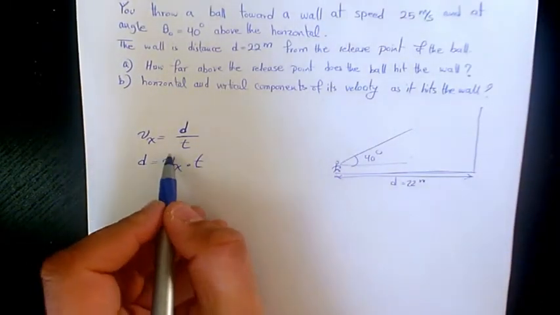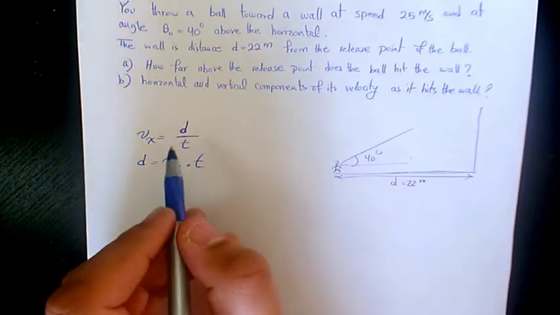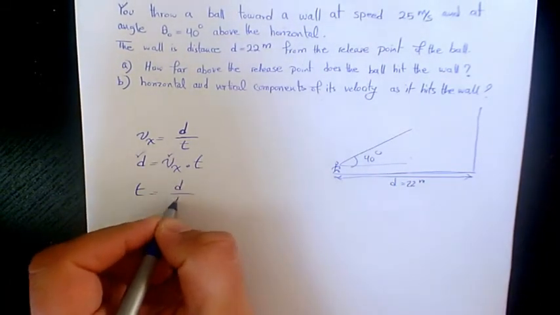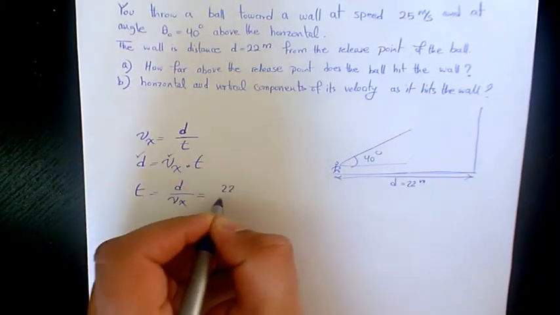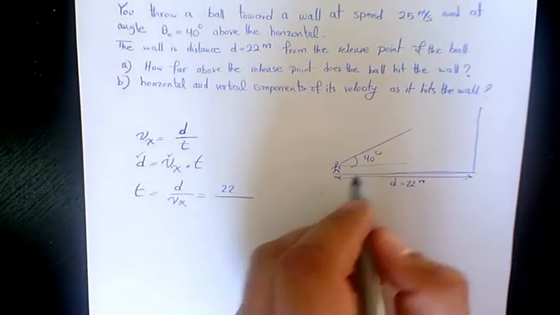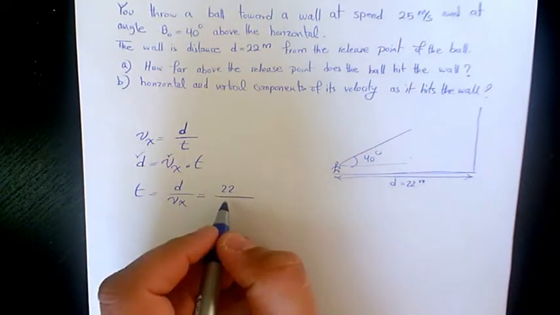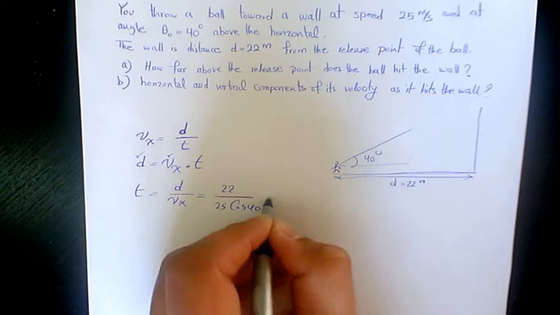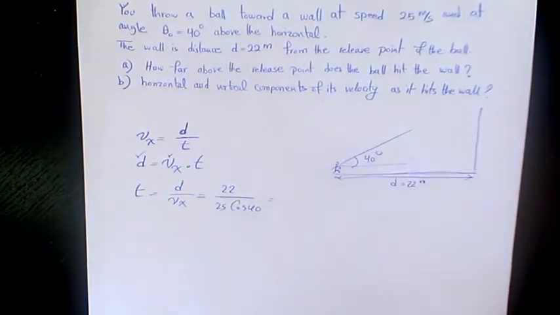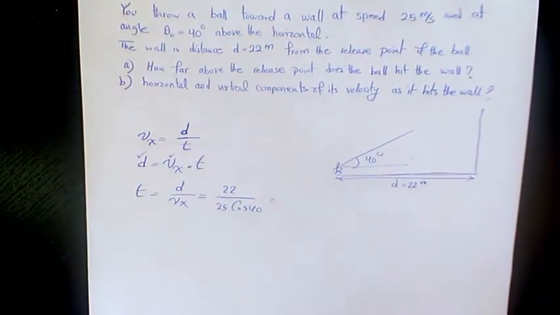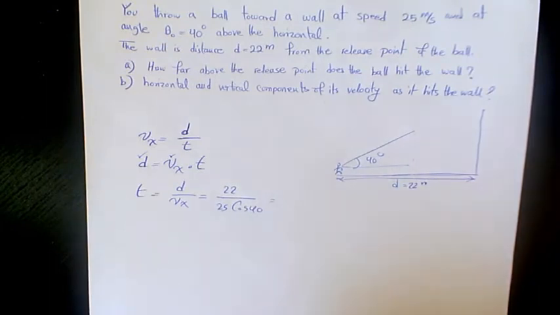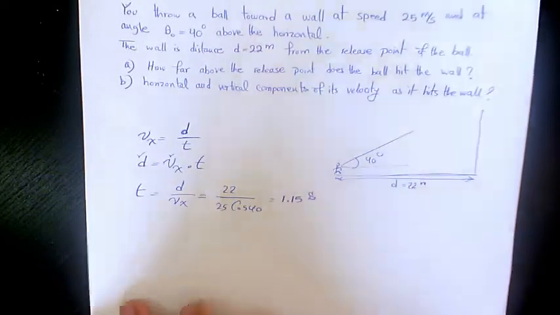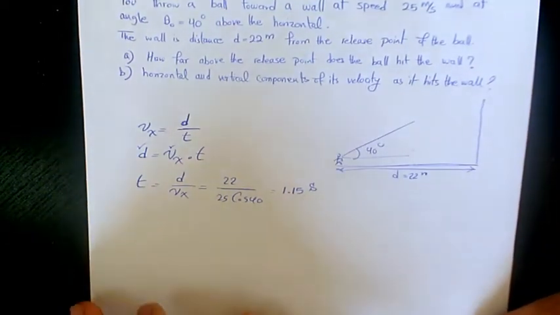So we have Vx, we have d, so we can find time. Time equals d over Vx. D is 22 meters and Vx is V times cosine theta, so 25 times cosine 40 degrees. That gives 1.15 seconds. That's how long it takes.